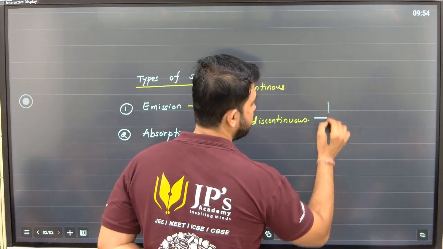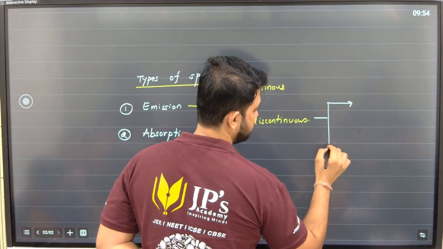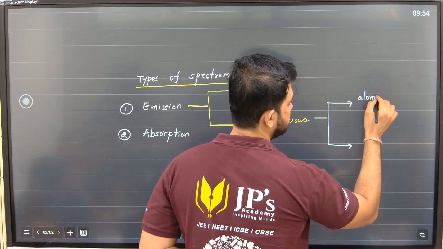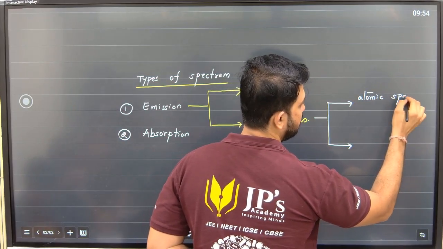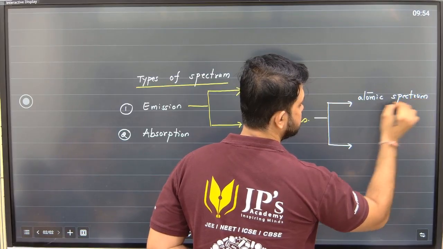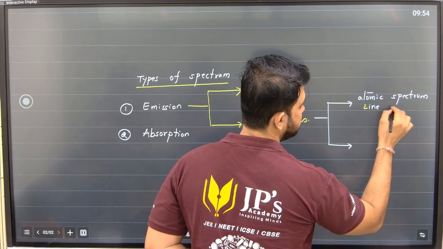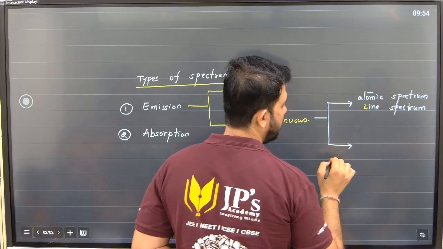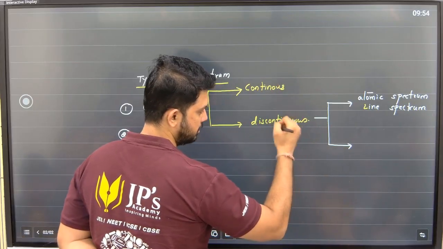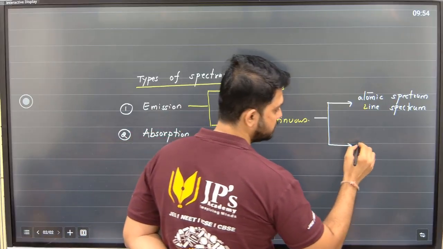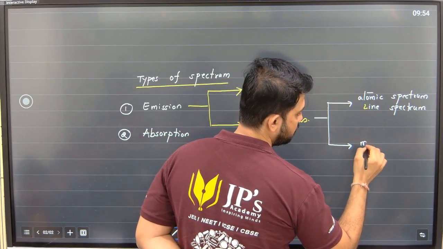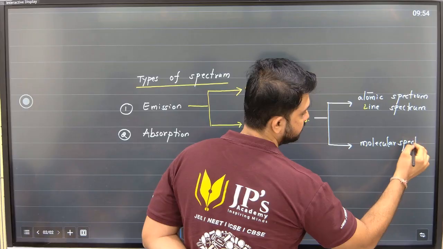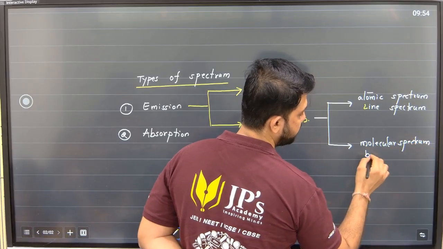Discontinuous further gets divided into two types: atomic spectrum, or it's also called as line spectrum, and the second type of discontinuous spectrum, we don't have this in scope, but you can also say this is molecular spectrum or band spectrum.